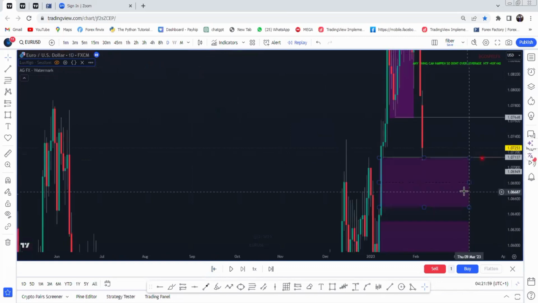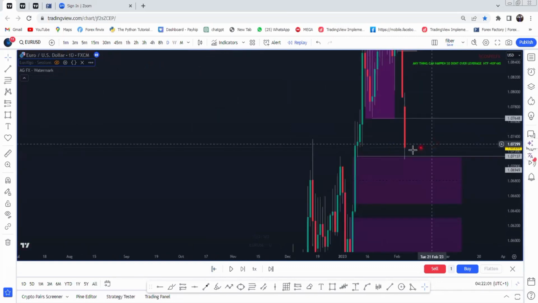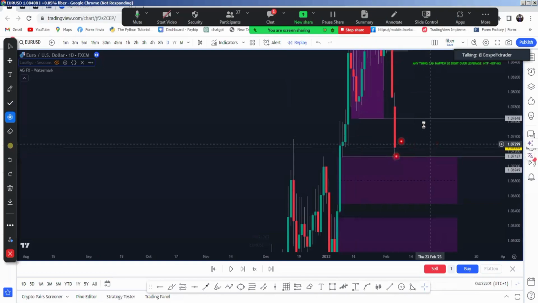So price wicked the fair value gap, and we have a volume gap here plus a fair value gap. So these are possible areas that price might want to retest before going lower.